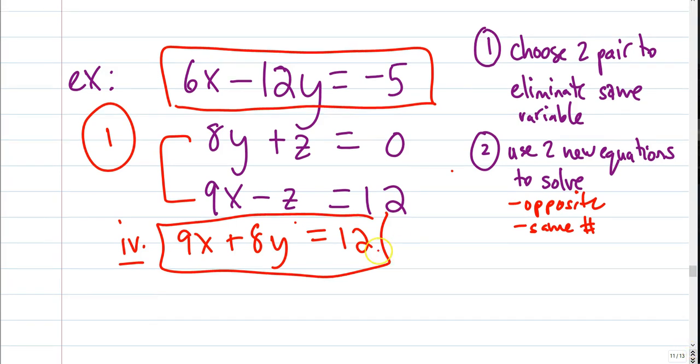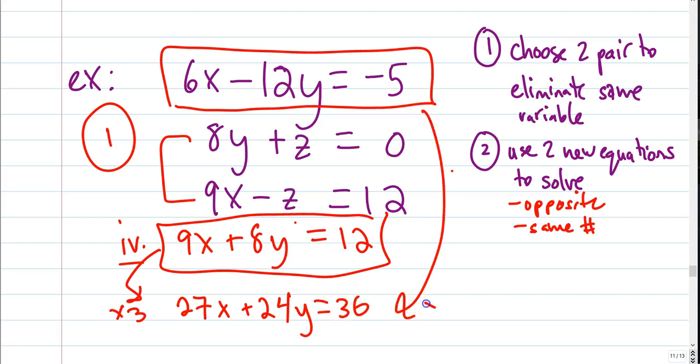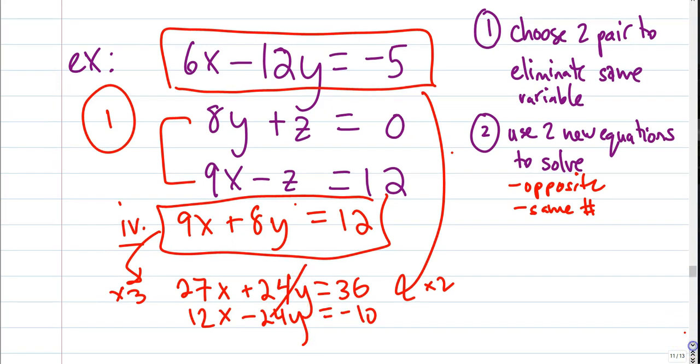How would we do that? This equation times 3 would make that 27x, 24y, and I believe 36. This equation times 2 would give me 12x minus 24y and negative 10. The y's will cancel out. So what we've done is we now have a single variable, 39x is equal to, what is that, 26? Uh-oh. Dividing by the 39, I have a fraction.